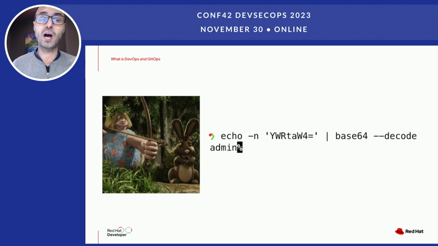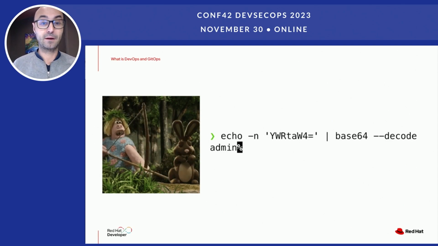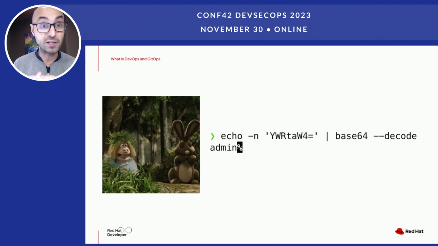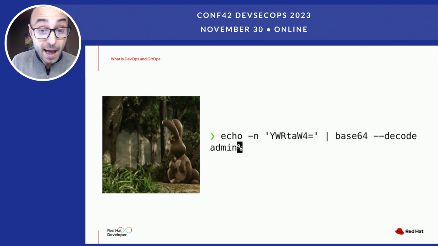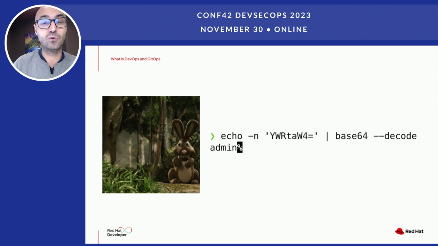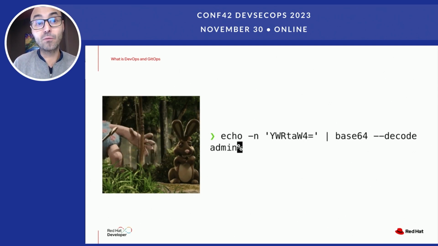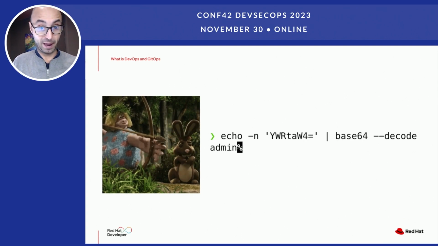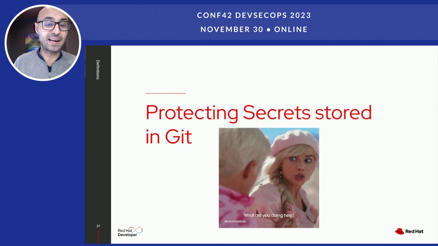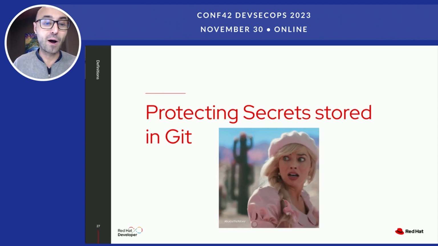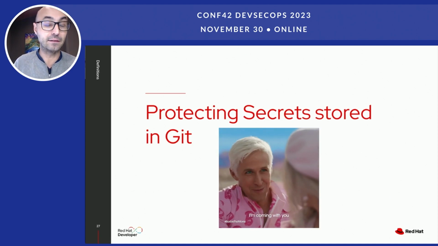So we want to use GitOps. That's fine. Problem: how can we store these secrets securely in Git, because now anyone with access to the GitHub repo will be able to get the secret because it's in base 64. And this is exactly what we're going to see now, how to protect these secrets in Git.